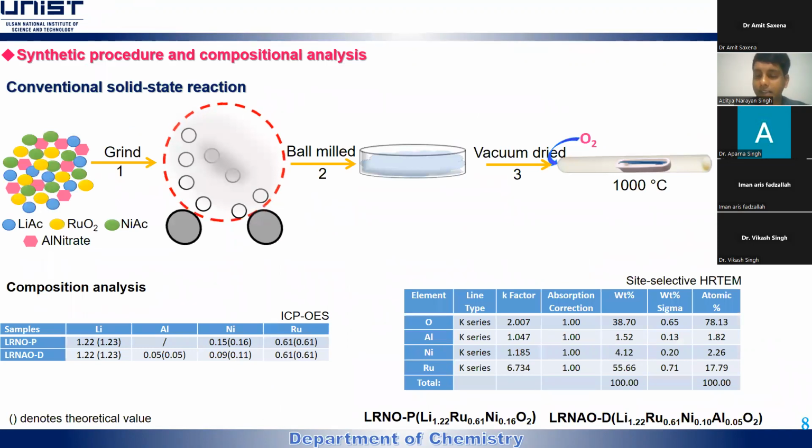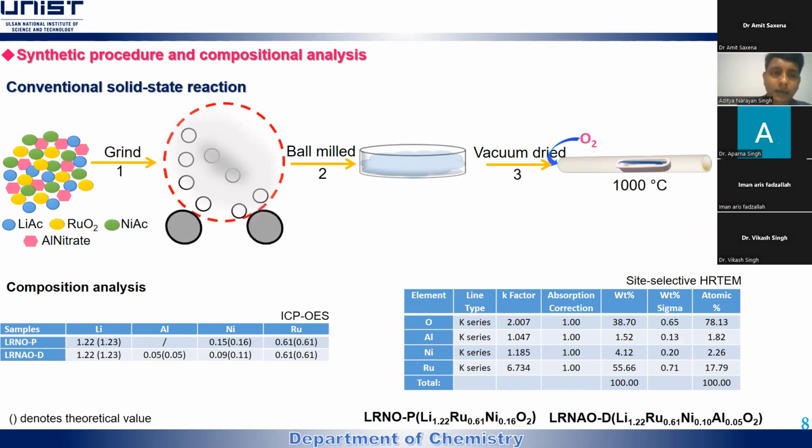Okay, so research, what I have learned from Dr. Amit sir and Bhattacharya sir, should be simple so that it can reach the common man. There are different methods of synthesizing battery material: solid state, chemical route, hydrothermal or solvothermal. But I prefer solid state reaction.